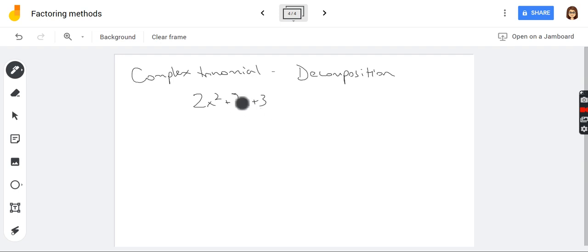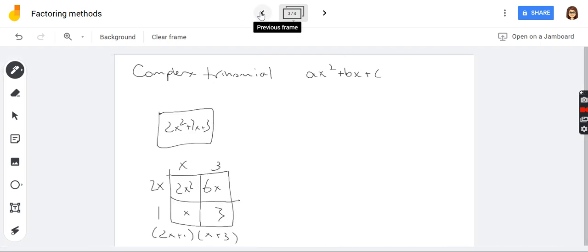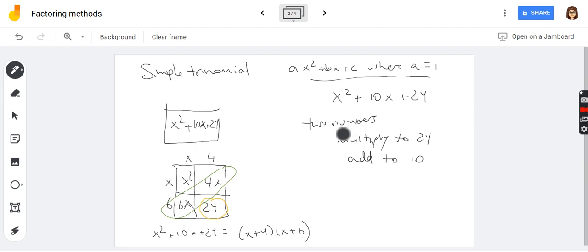Okay, so in the case of complex trinomials, remember with simple trinomials, when there was no 2, we found two numbers that multiplied to the constant term and added to the middle term.